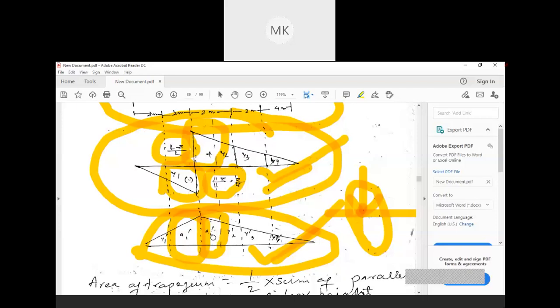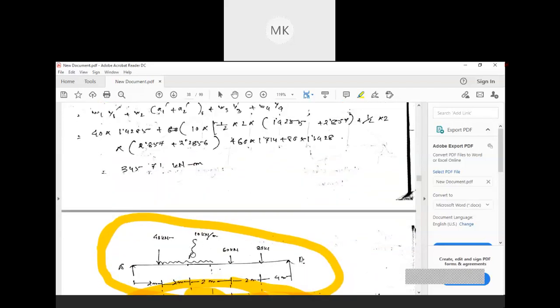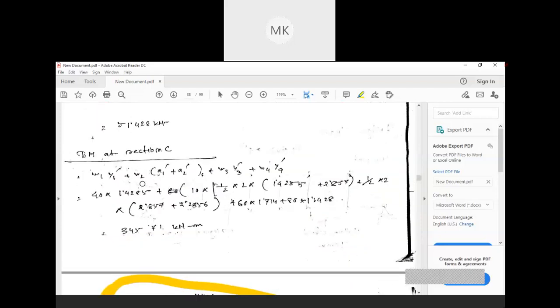So after finding out that particular portion, you need to add according to the given load pattern. So where it is given, here it is given. So it is given in this portion. So you need to consider it with the W2 load.